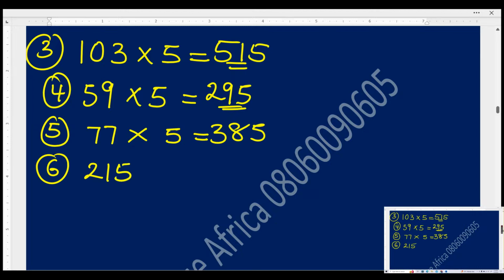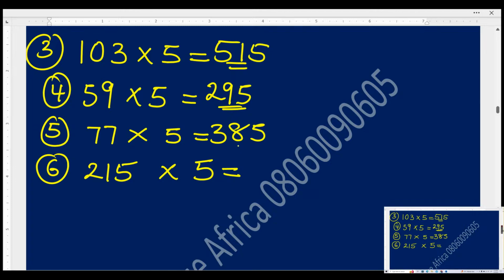What is 215 times 5? Multiplying odd numbers by 5. Subtract 1 from 215. That will give you 214. Divide 214 by 2. Split it into 2.